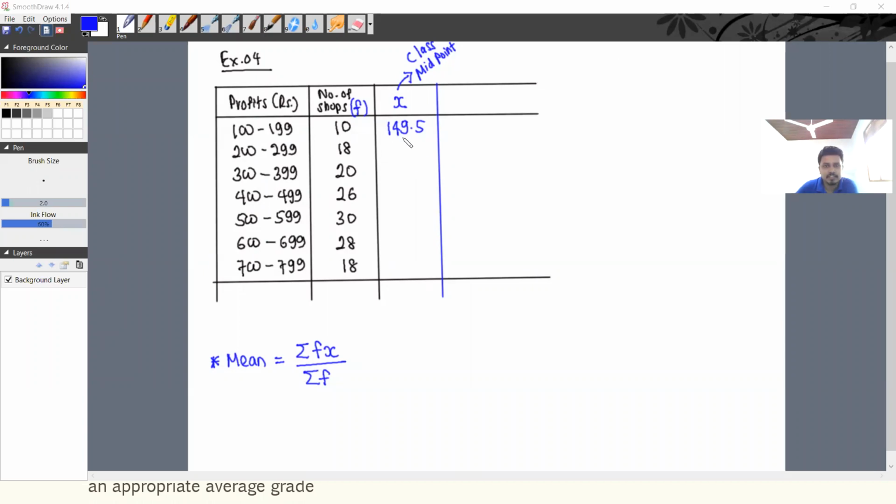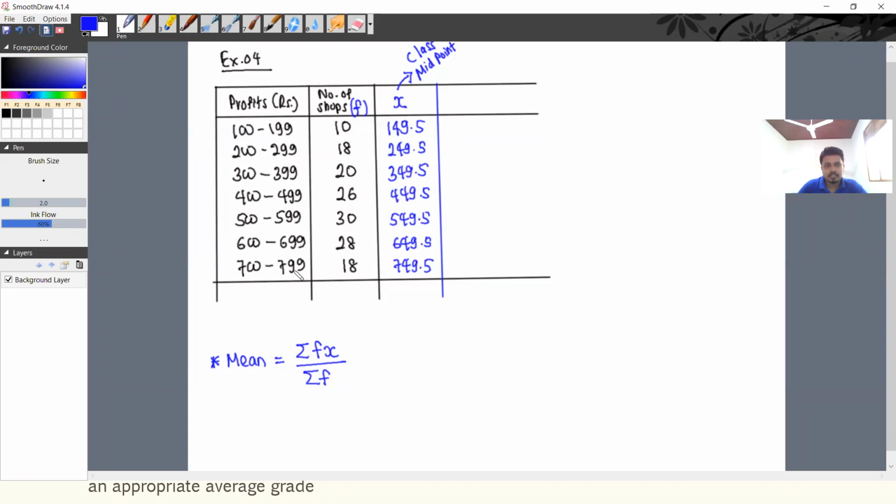Yes, 249.5. Here it is 349.5, here 449.5, 549.5, 649.5, 749.5. So these are the x values.